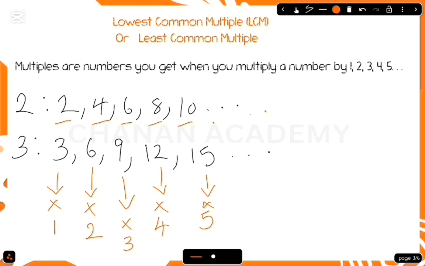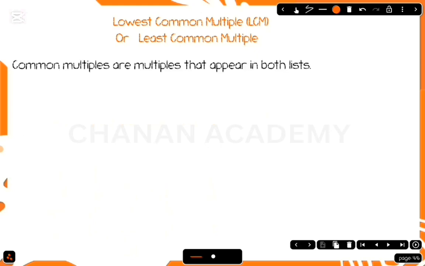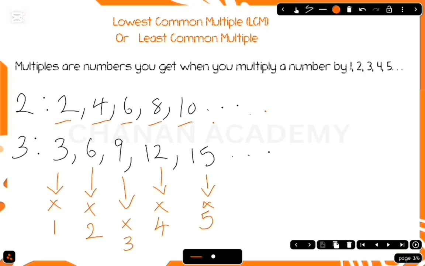So what are common multiples? Common multiples are multiples that appear in both lists. Let's go back to the multiples we listed. If you look at the multiples of 2 and 3, what are the numbers that appear in both? If you look closely, you see that 6 appears here and 6 appears here.